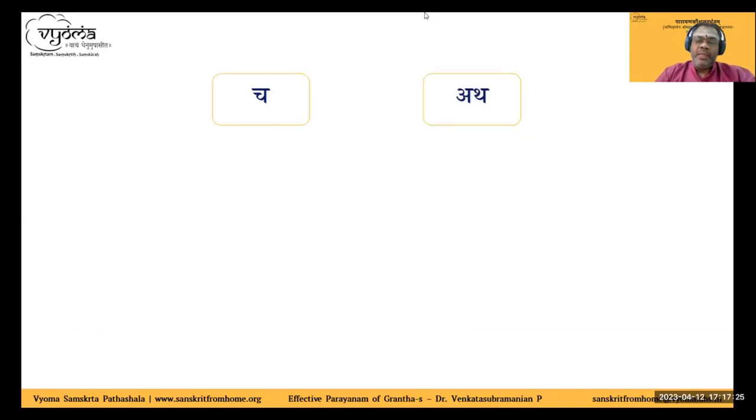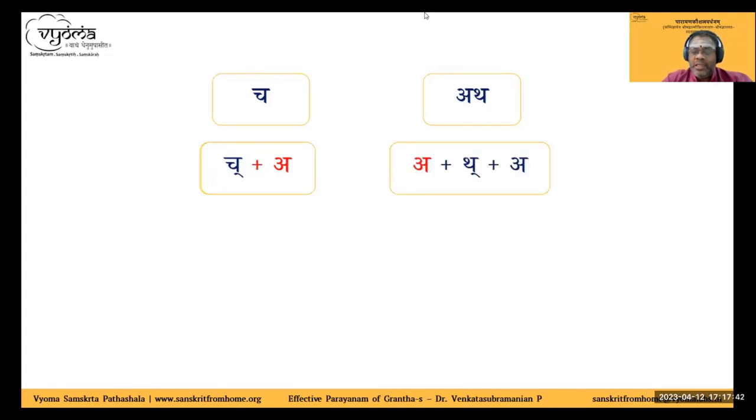Let us take an example. Cha, Atha. Now, Cha can be broken down into Ch plus A. Ch, A, Cha. Gunitakshara. You have an A on the right hand side. So there is a Cha, Atha, Cha, Atha.